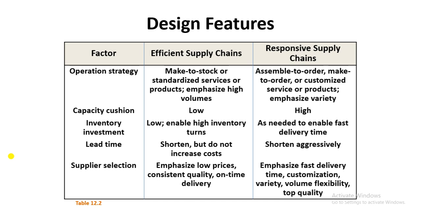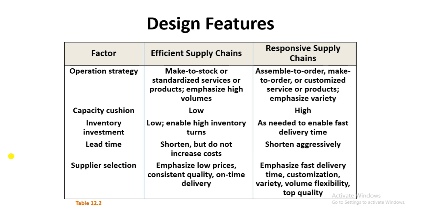Similarly, he is talking about inventory investments, and in the efficient supply chain, you will have a low level of inventories, and this low level of inventories will result in high inventory turnovers.